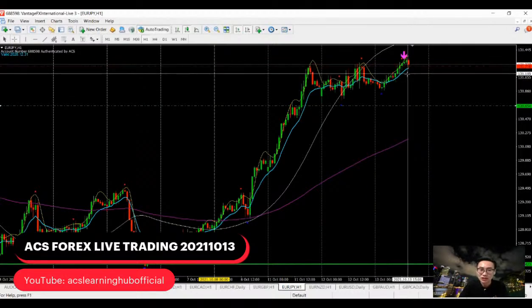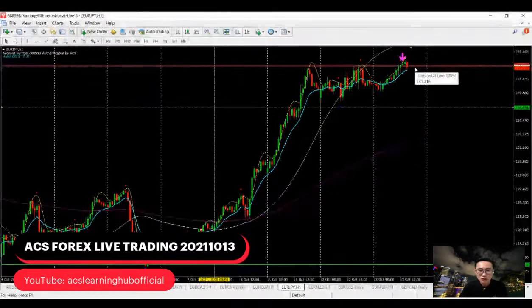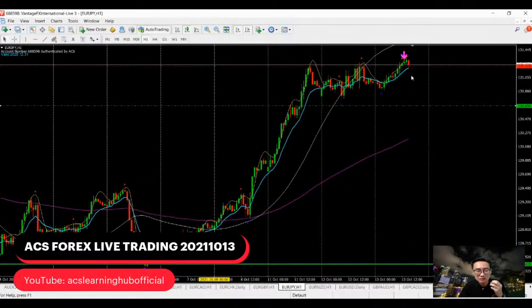But now it is not. Can you see the pin bar here? It is getting so close and so tight, it is 16 pips. So it is very difficult for me to make a selling trade here. The space is not enough.